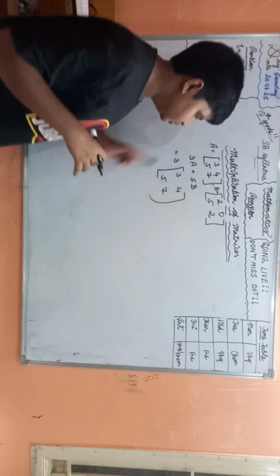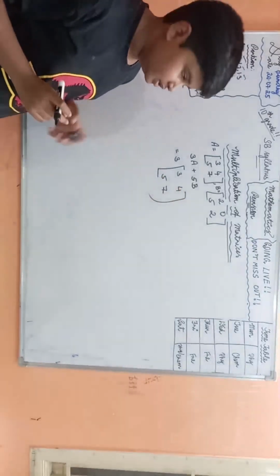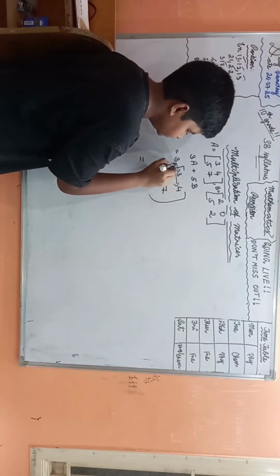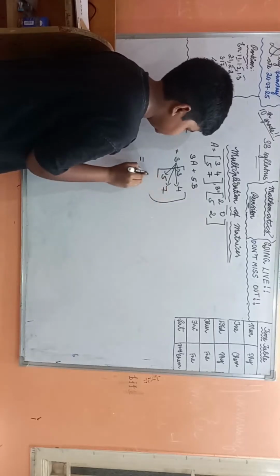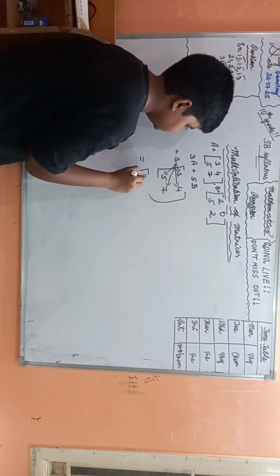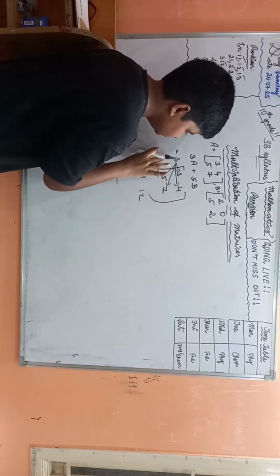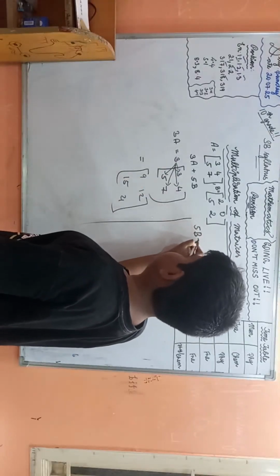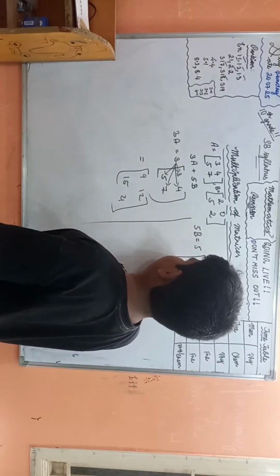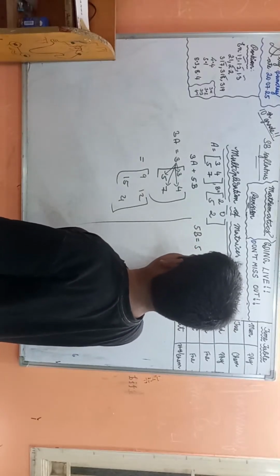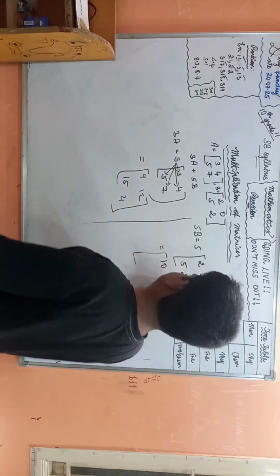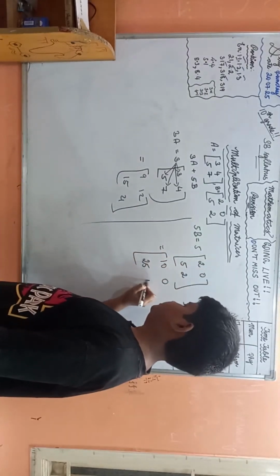So guys, if there's no symbol here, that means it's multiplication. So this into this, this into that. So 3 threes are 9, 3 fours are 12, 3 fives are 15. 5B, same, but you gotta multiply by 5. 2, 0, 5, 2. Now you get 10, 0, 25, 10.